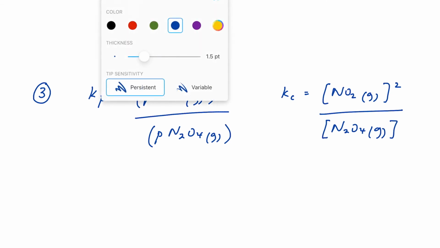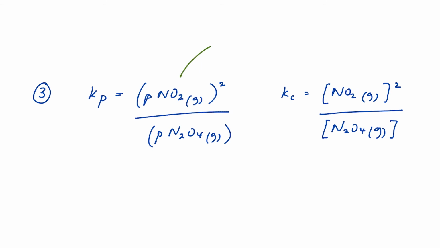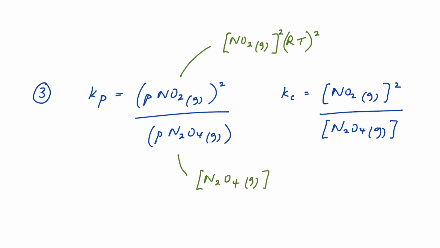Now we know that the partial pressure of NO2 is actually the concentration of NO2 multiplied by RT. Now it's been raised to the power of 2, so I'm going to raise that to the power of 2, and I'm going to raise RT to the power of 2. And the partial pressure of N2O4 we also know to be the same as the concentration of N2O4 multiplied by RT.